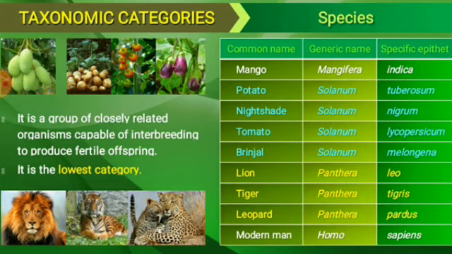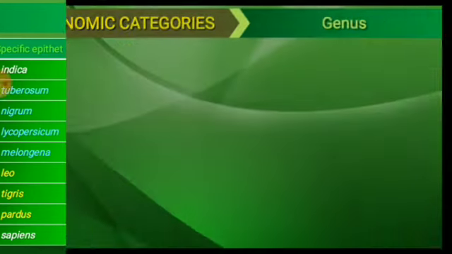Similarly, the different species of the genus Panthera are leo, which is lion, tigris, tiger, and pardus, leopard. So these are the different species of different organisms.